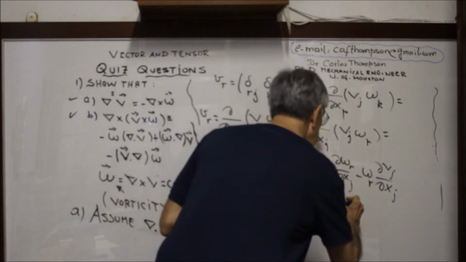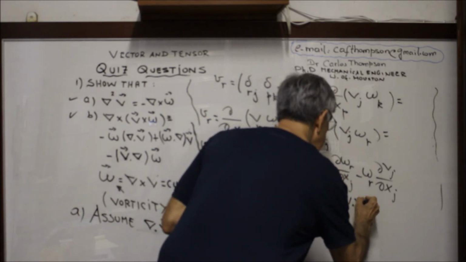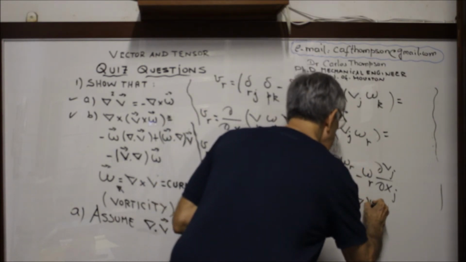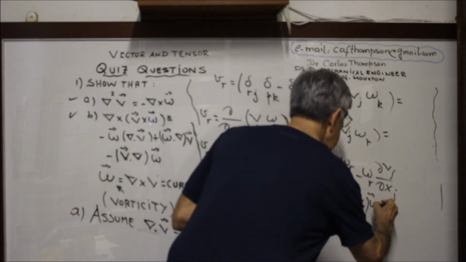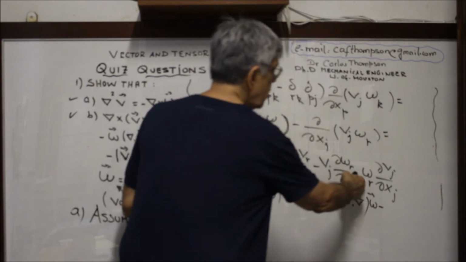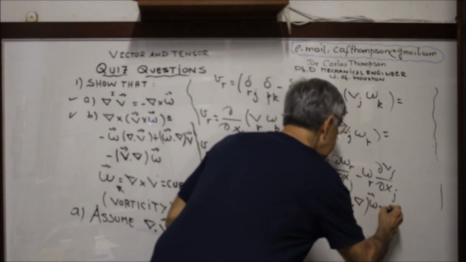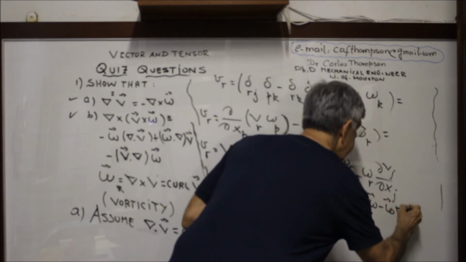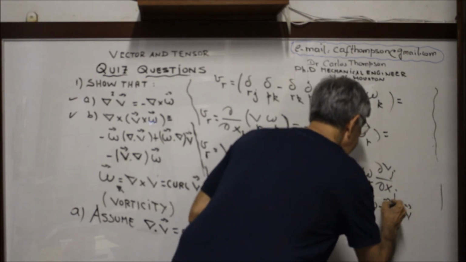So this will be V dot the pseudo vector applied to omega. And over here it will be minus, you see the vector, the subscript here is R, so this is omega. Now divergence of V. Omega divergence of V. You see?